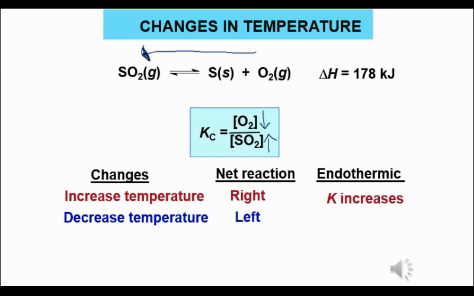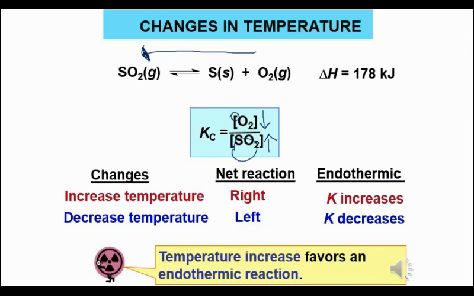When we divide a smaller number by a bigger number, it will give a smaller number. So the equilibrium constant K will decrease when we decrease temperature in an endothermic reaction. Therefore, we can conclude that temperature increase will favor the endothermic reaction as the equilibrium constant will get bigger, so it means our products are increasing.